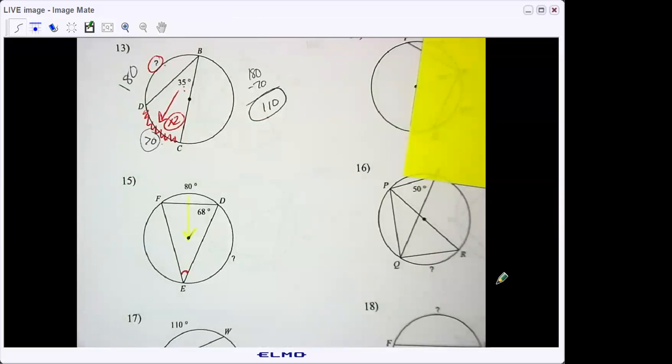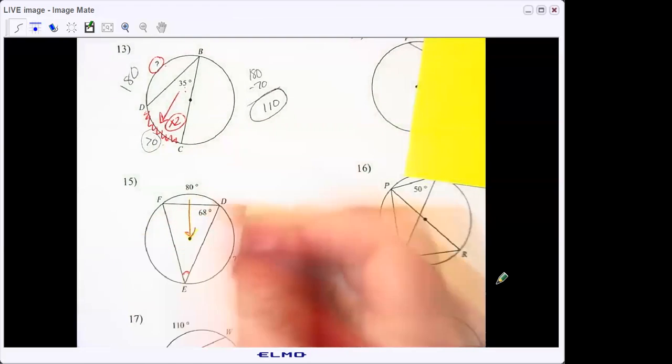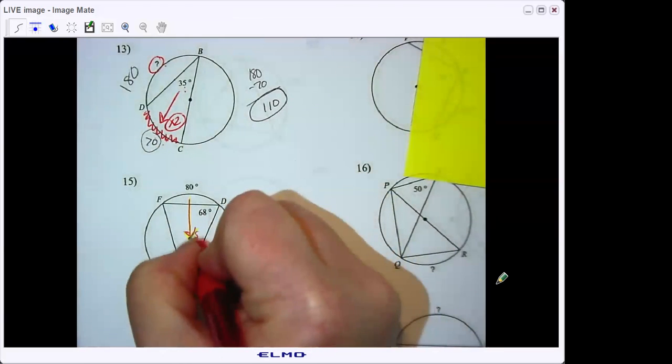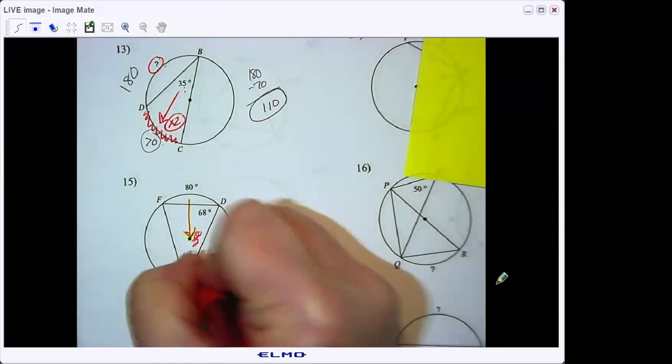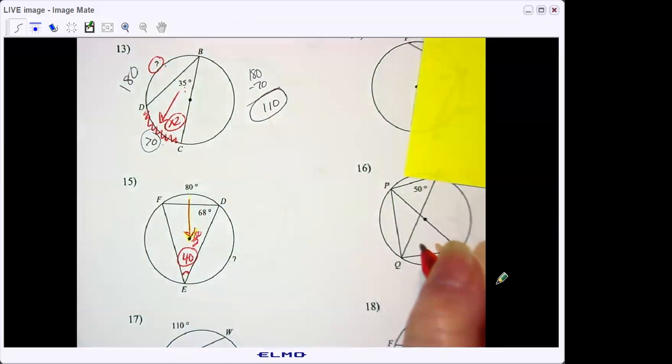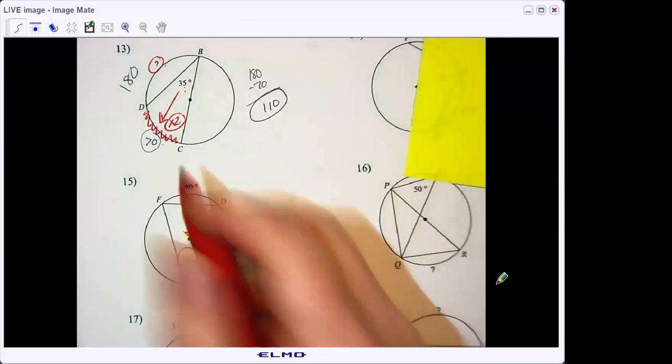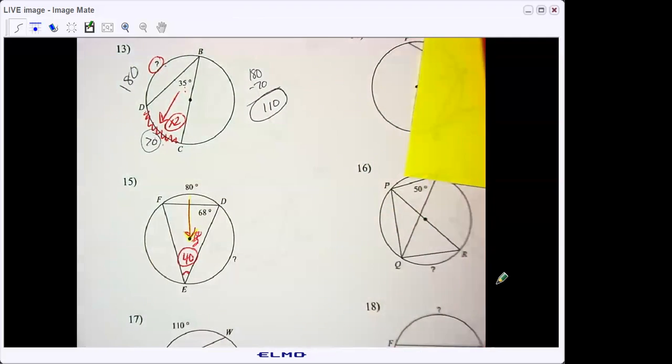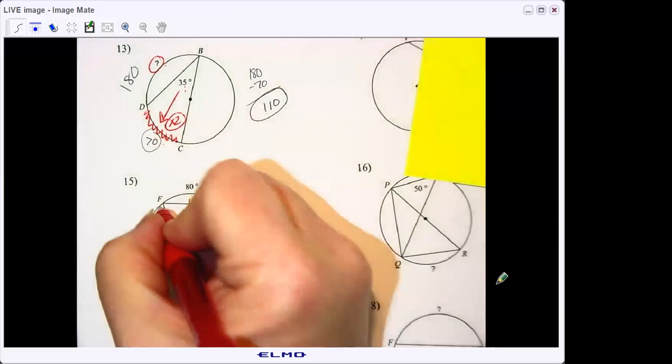It gives me, yeah. So all we're doing is taking half. To go across, we take half. So 80 divided by 2 gives me 40. Okay, now I can find the value of this arc.